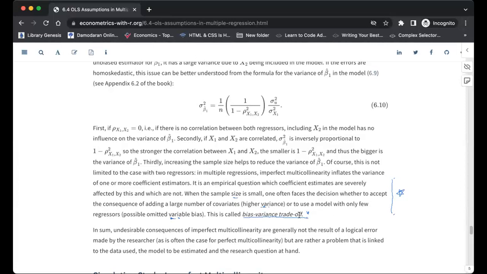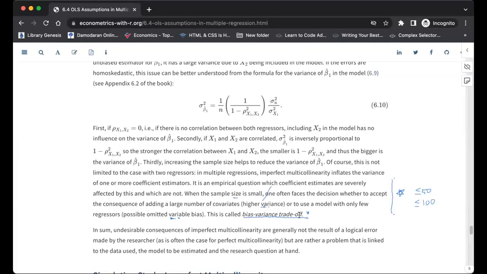But that is not always true, because our sample does not always perfectly reflect our entire population. So we have to think about this trade-off, especially when the sample size is small. Our rule of thumb is maybe a sample size of less than 50 or less than 100. In that case, we have to think about these trade-offs.